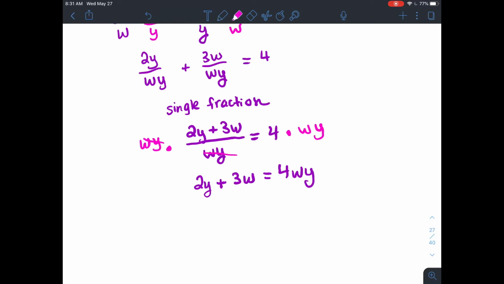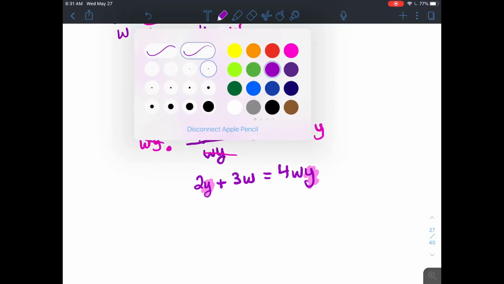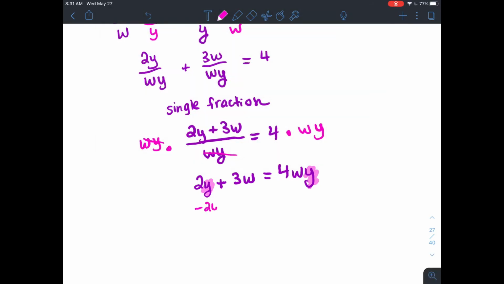And then we want to get all the terms that have our variable we're solving for on the same side of our equation. So to do that, let's subtract 2y from both sides. If you're solving for your variable, you want them all together on one side, anything involving that variable. So you'll have 3w equals 4wy minus 2y.